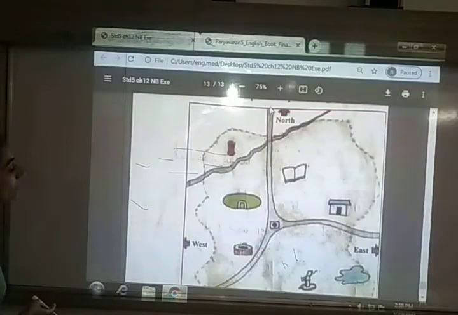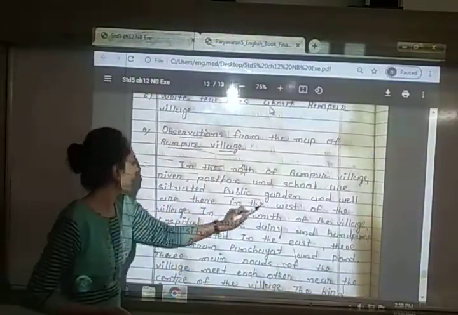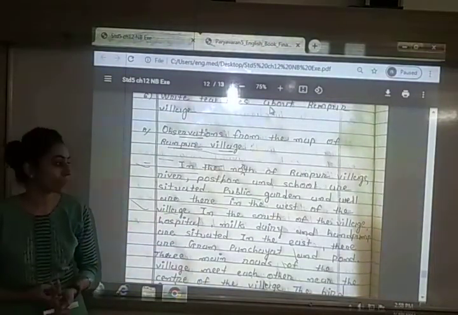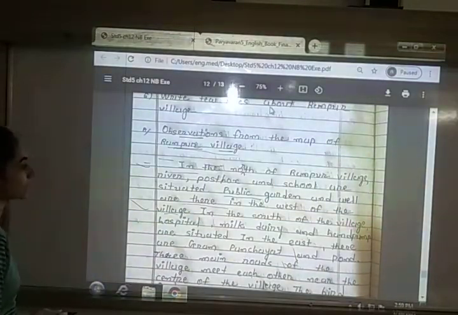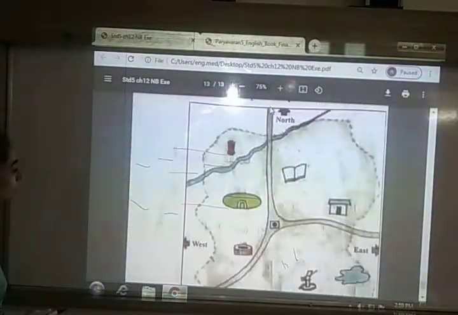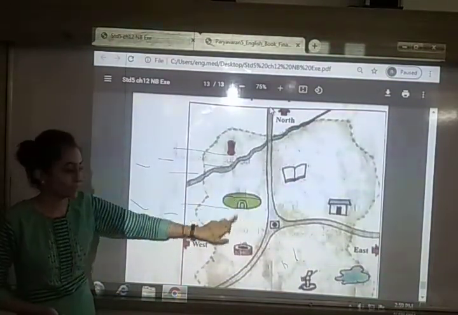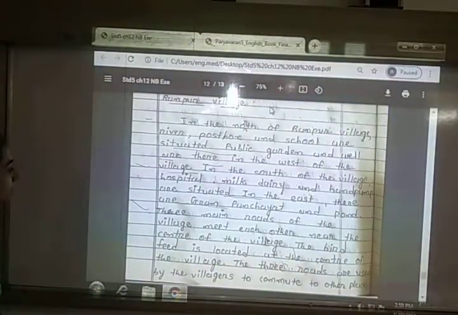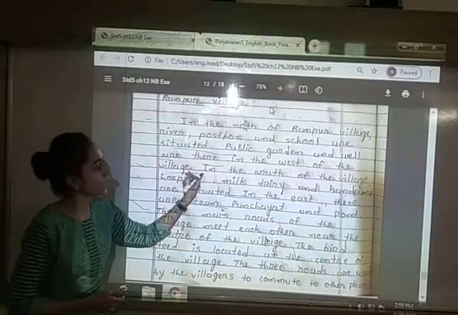Now moving forward to the next direction, public garden and well are there in the west of the village. Let me see the west direction. This one is the west direction. So in the west direction, public garden and well are there. Before the east, the south direction is there.